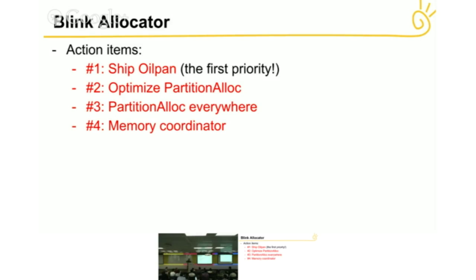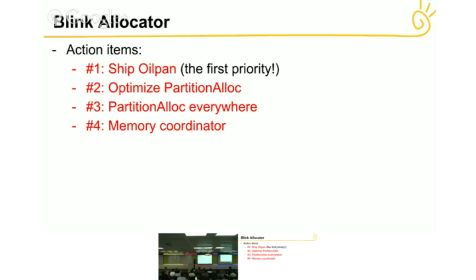Yeah, so actually, it's hard to say in general that PartitionAlloc is better than tcmalloc. PartitionAlloc was originally designed for Blink, which is mostly single-threaded. On the other hand, tcmalloc is designed based on a multi-thread architecture. So currently, the threading support in PartitionAlloc is weak, because it grabs a spin lock when allocating an object. So in order to use PartitionAlloc everywhere in Chromium, I think we need to improve that architecture.